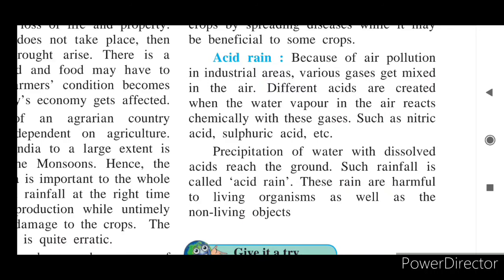The land may become barren, and non-living objects like many historical monuments got damaged because of this acidic rainfall. In Agra, acid rainfall took place at the Taj Mahal. Due to that, there are many patches on the marble of the Taj Mahal.